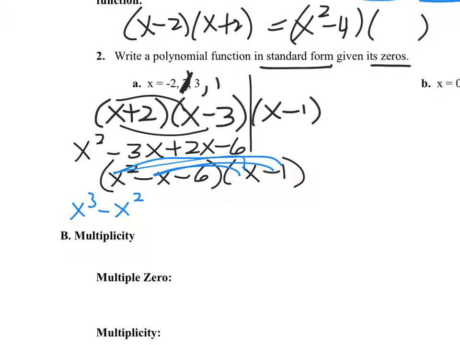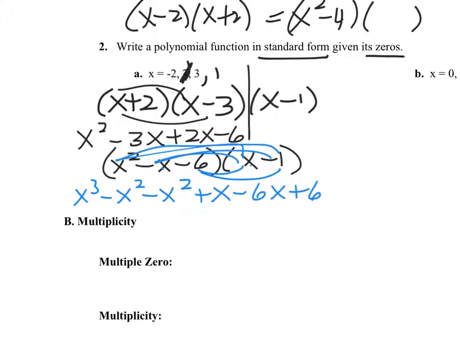Okay? Now I'm going to take the middle term, which is negative x, and multiply that by both things. So negative x times x is negative x squared, and negative x times negative 1 is positive x. And then finally take negative 6 and multiply it to both terms to get negative 6x plus 6. It's a really terrible problem, isn't it?